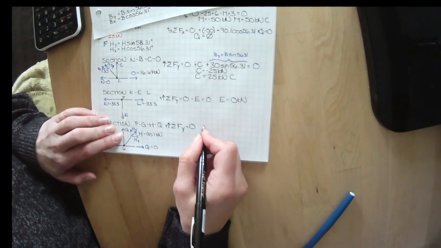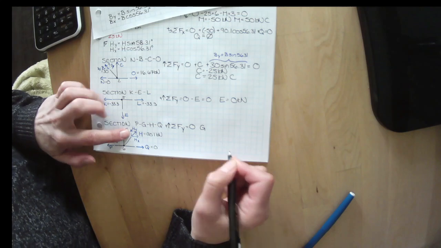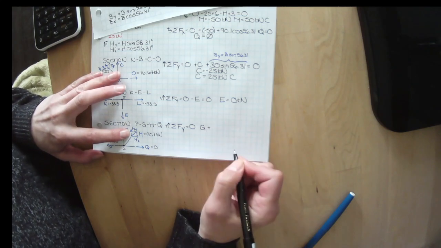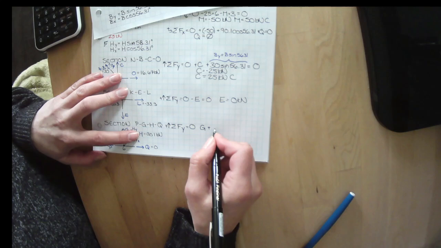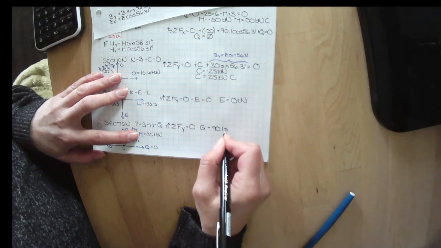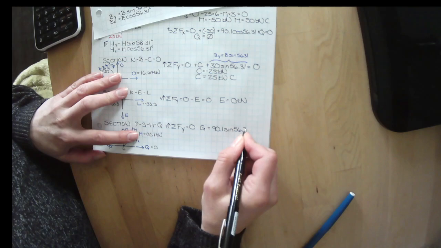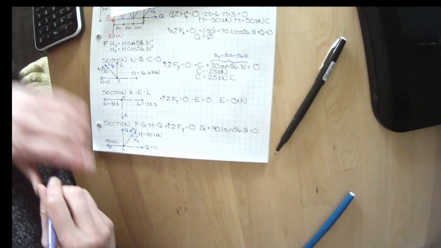We've got G, and the only other thing going upwards is Hy, so plus Hy, and Hy is H times the sine of 56.31, and H is 90.1. And that equals 0.